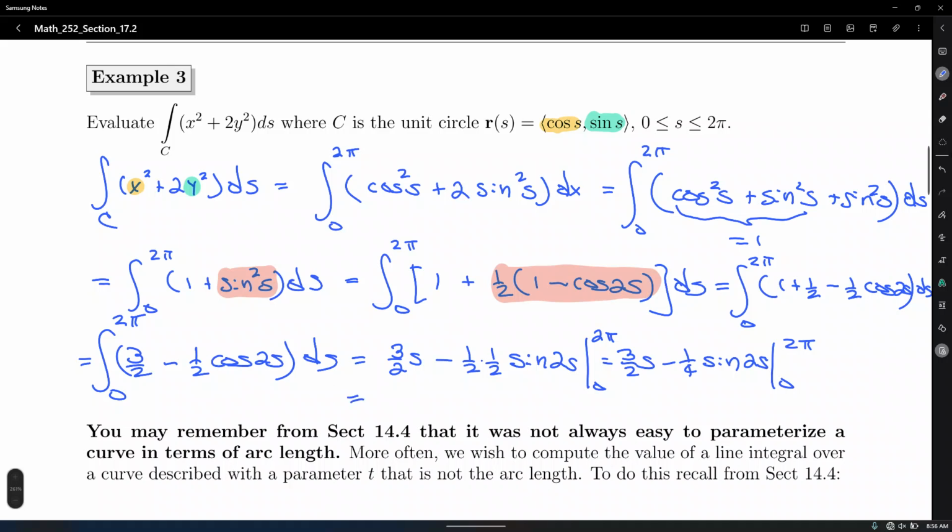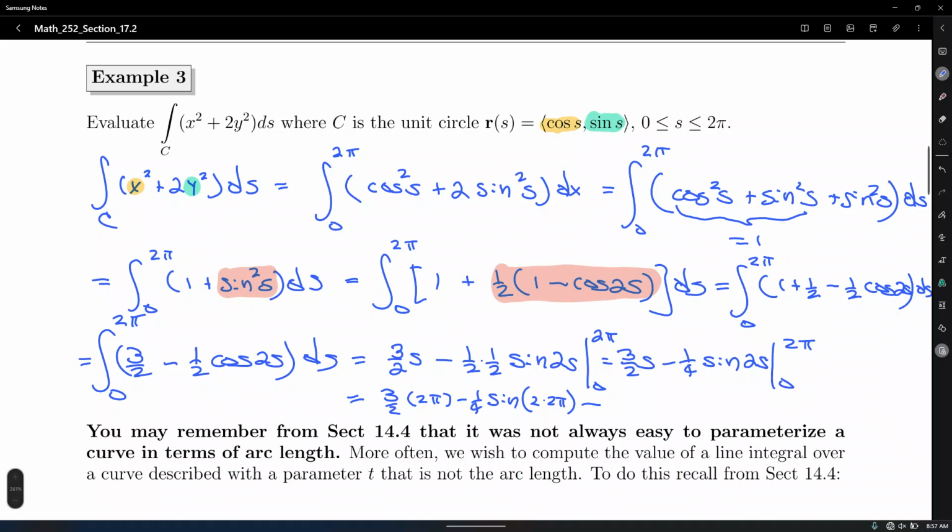A lot of nice cancellations will occur here, you'll see. So 3/2 times 2 pi minus 1/4 sine of 2 times 2 pi, minus the value at 0. Do you agree that substituting 0 into the two terms here will give us 0? 3/2 s at 0 is 0, and sine of 2 times 0 is 0.